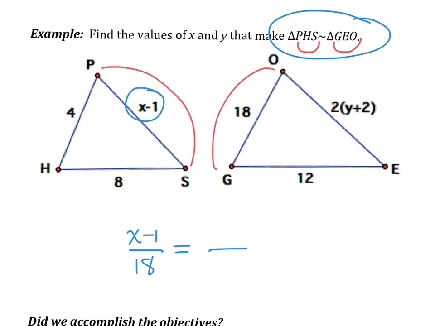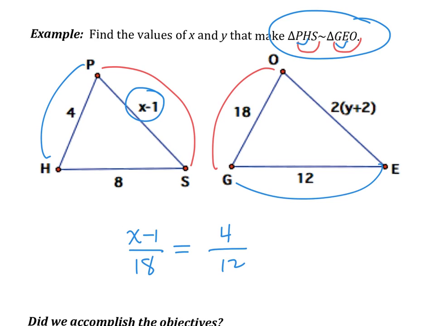Now I need two sides that have numbers, as in I cannot use the y plus 2 side. She says 4 goes with the 12. So PH is first and second, GE is first and second, so 4 goes with 12. Very good. Now we can cross multiply and solve.